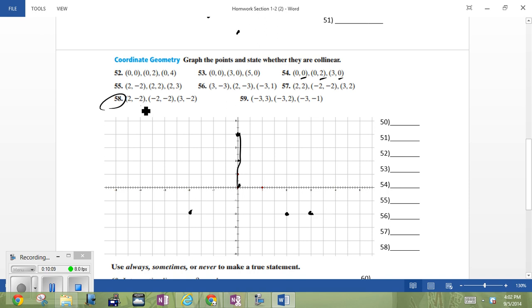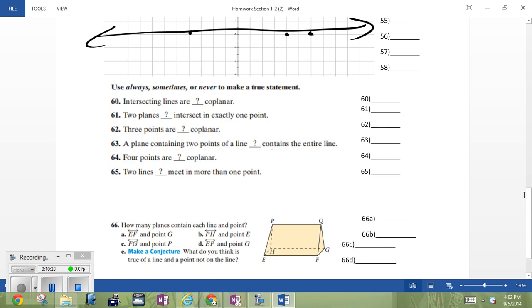Well, since they all had the same y coordinate, then they were collinear, all along there, horizontal line, okay? So if they have the same y coordinate, they're collinear. If they have the same x coordinate, they're collinear. If they don't, then the best bet is to plot them and see whether they are collinear or not, okay?